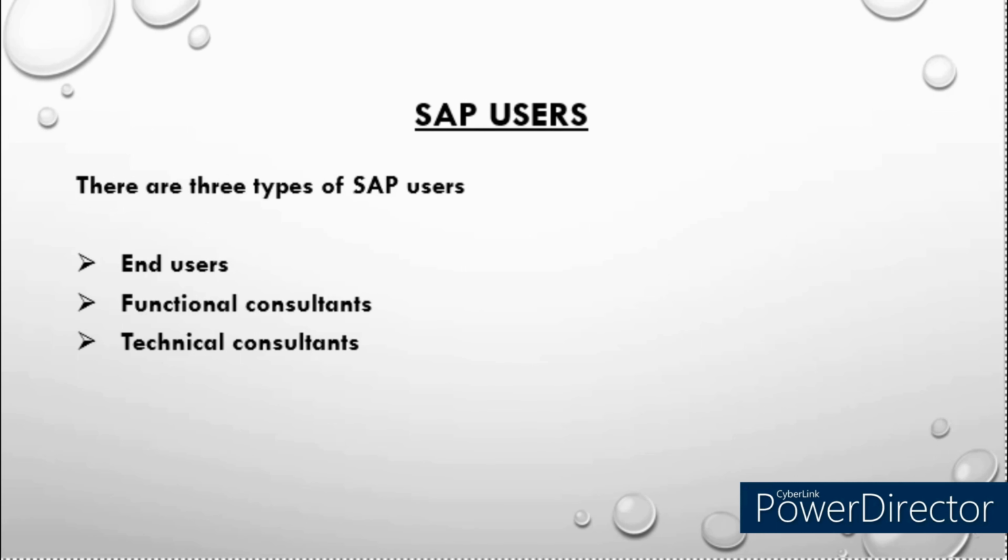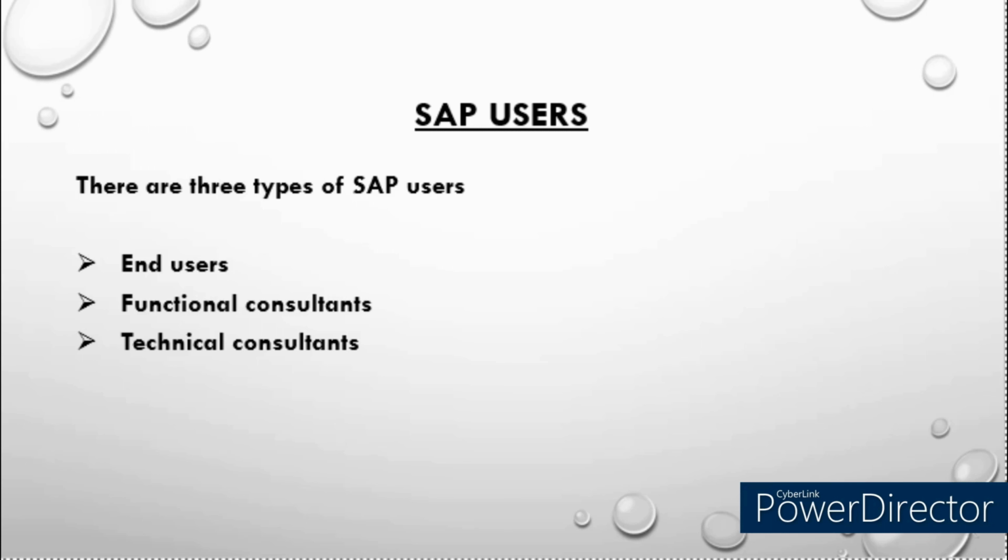First is the end user, who only uses SAP. They don't know about internal processes, they don't know about the technical things, the functionalities, tables, nothing. They are mostly related to data entry. And the second is the functional consultant. A functional consultant is a part of the functionalities of internal processes of an organization, who is actually managing the processes, resolving the issues, resolving the errors in any function modules.